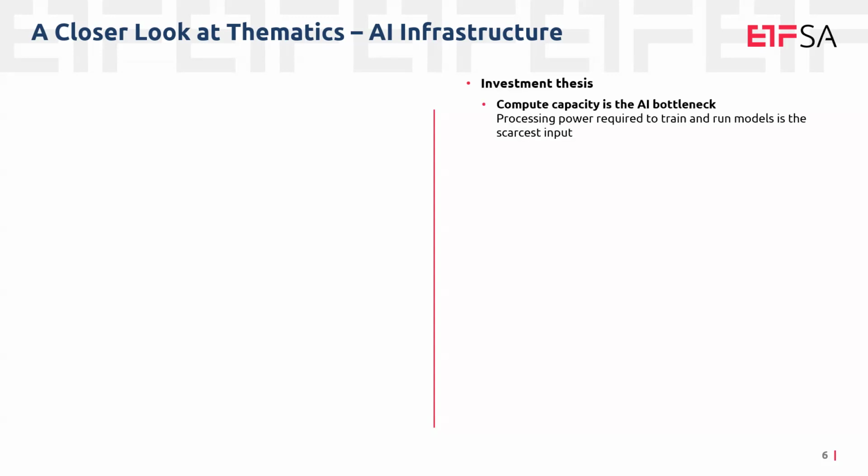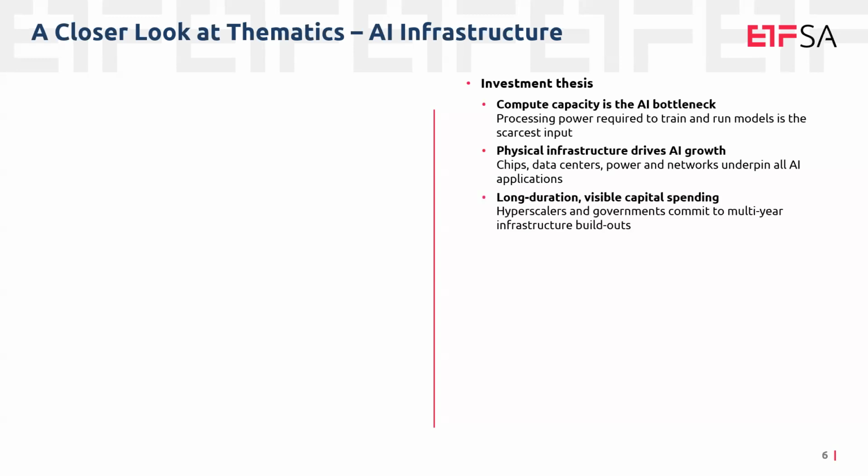The real bottleneck that we have in AI is really the ability to deliver on the technology that is required, the processing power that is required, the electricity supply, the physical infrastructure, the data centers, those sort of things, the physical infrastructure that is required to actually run all these models. So that's really where we want to have specific exposure. Things like chips, data centers, power generation capacity, network capability, and so on.